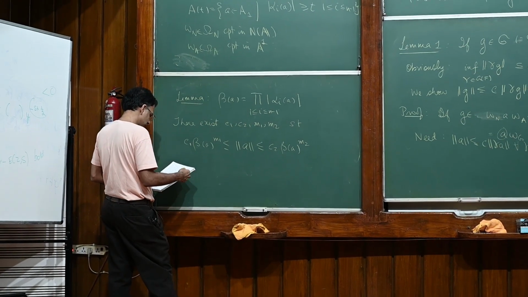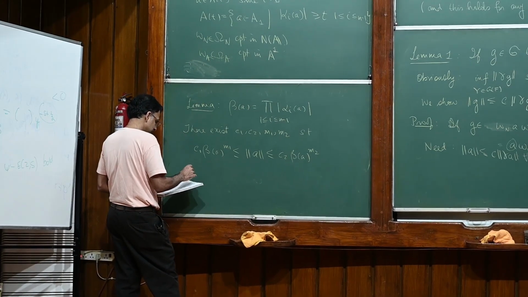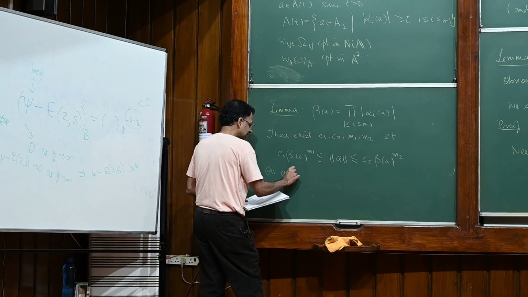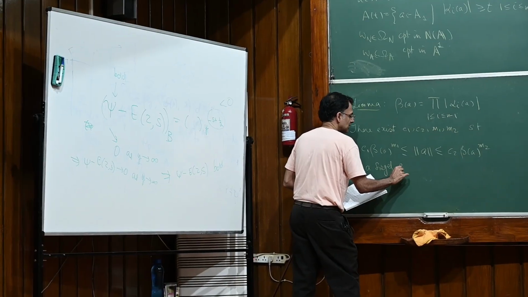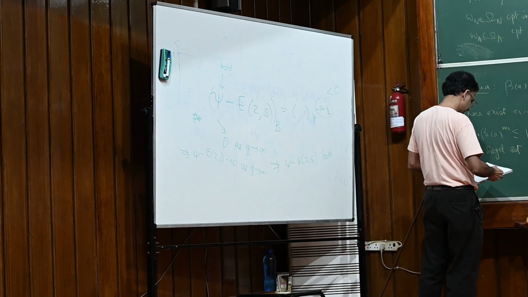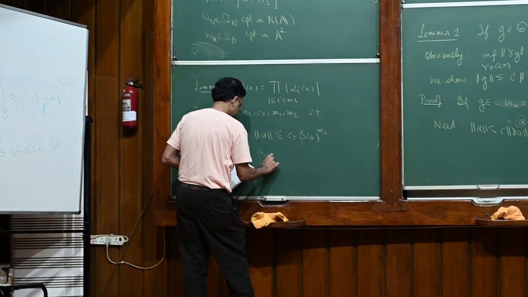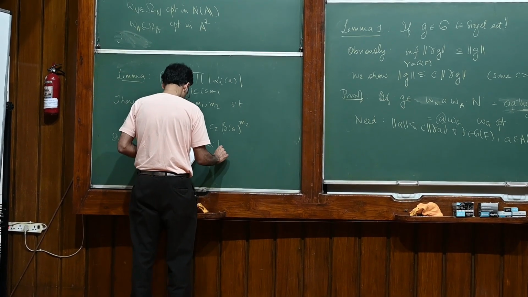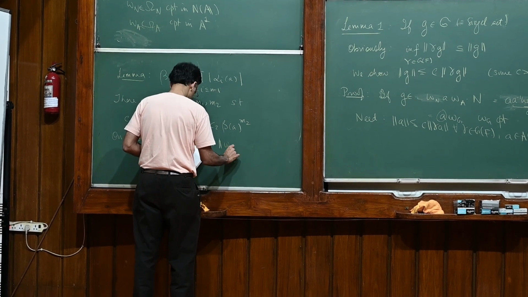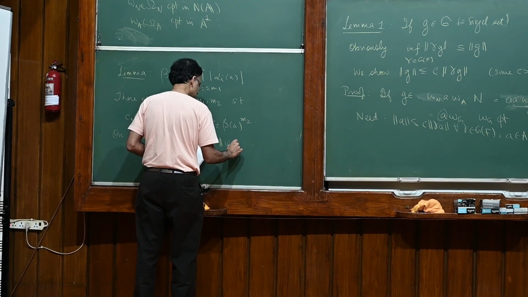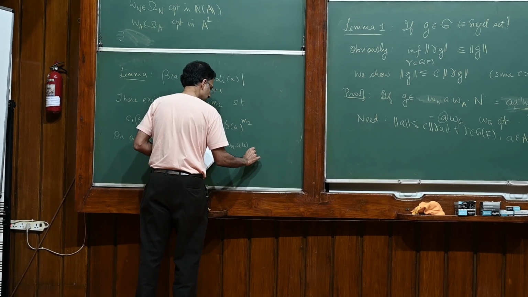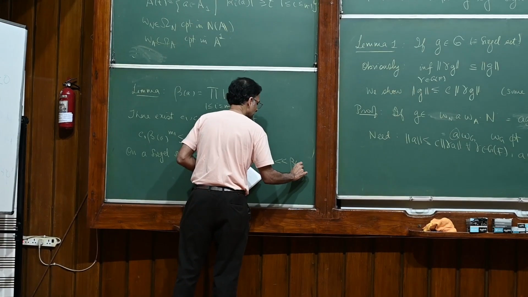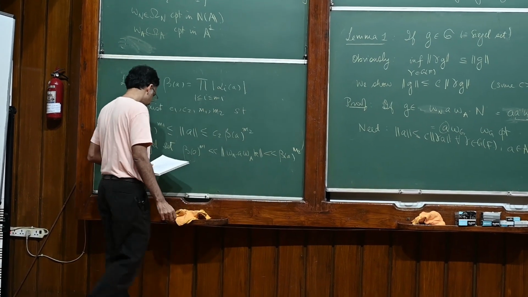In particular, on a Ziegler set, I have basically, up to some constants, beta A to the M1 less than omega n, omega A, omega A times k, which is less than beta A to the M2. So on a Ziegler set, this is what happens.